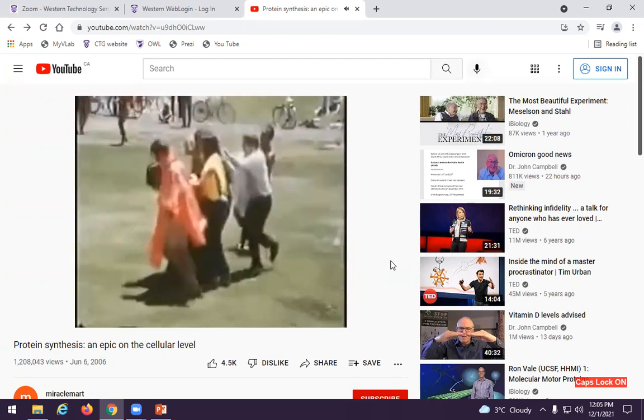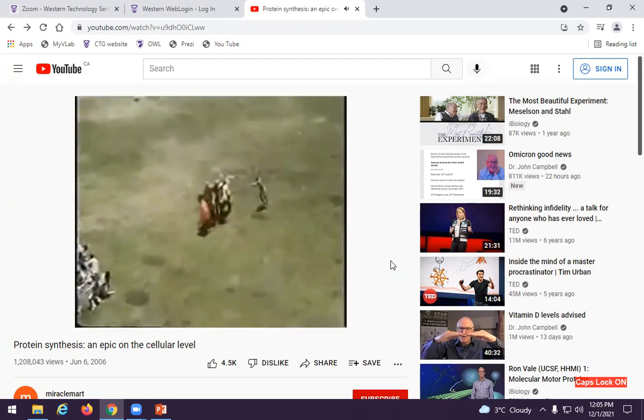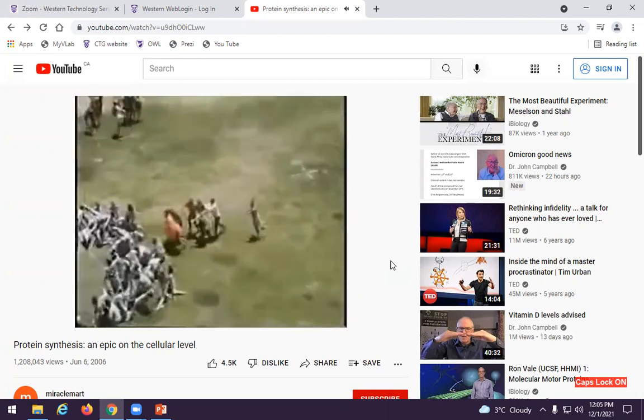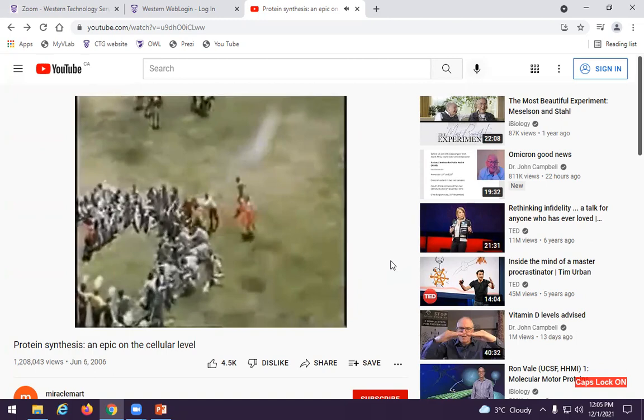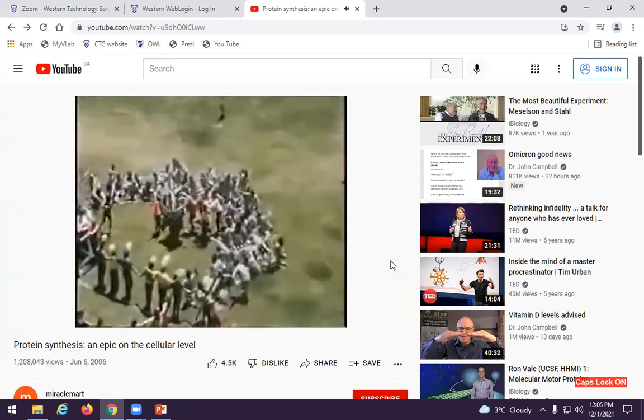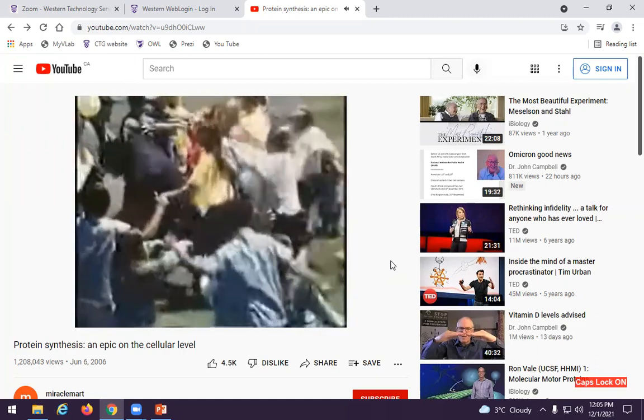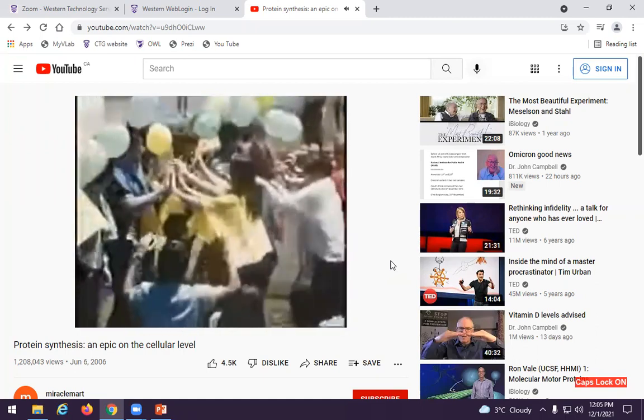Woo! Wow! Gathered in tRNA and came galumphing back. Oh, hydrogen bond!